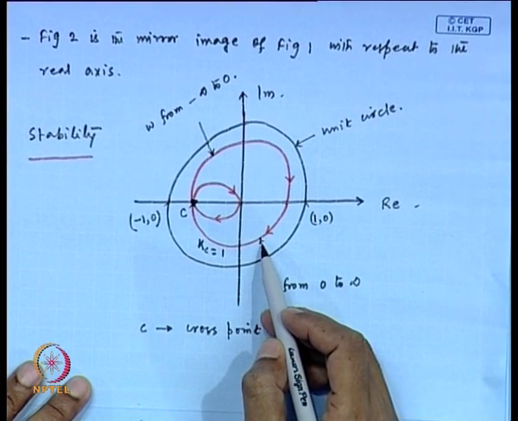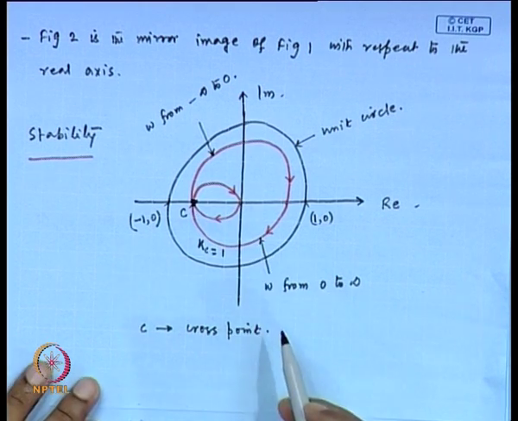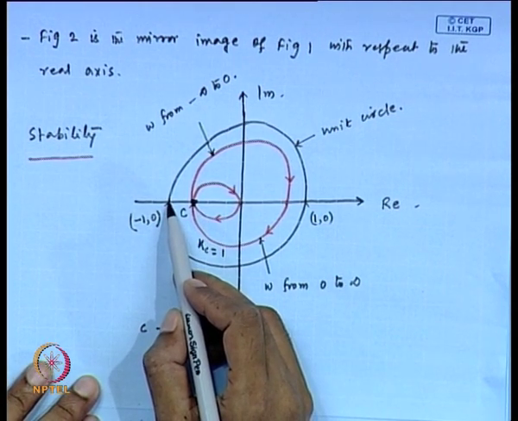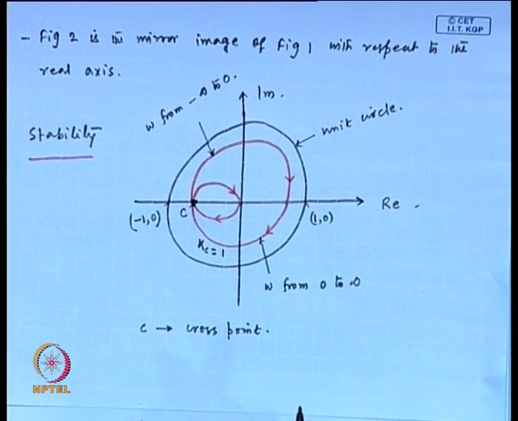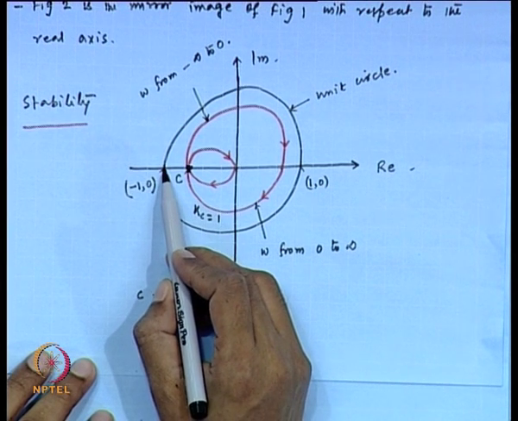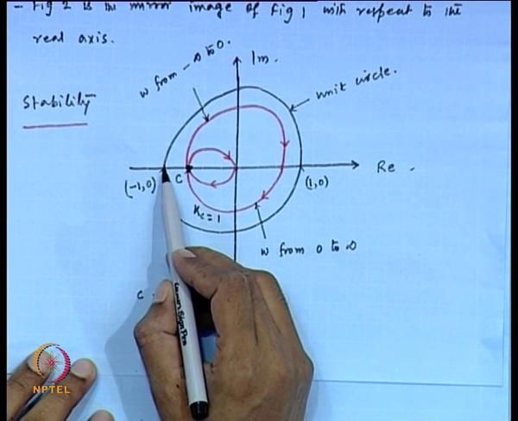You see, the plot corresponding to Kc equal to 1 does not encircle the minus 1, 0 point. Therefore, the system with Kc equal to 1 is stable.